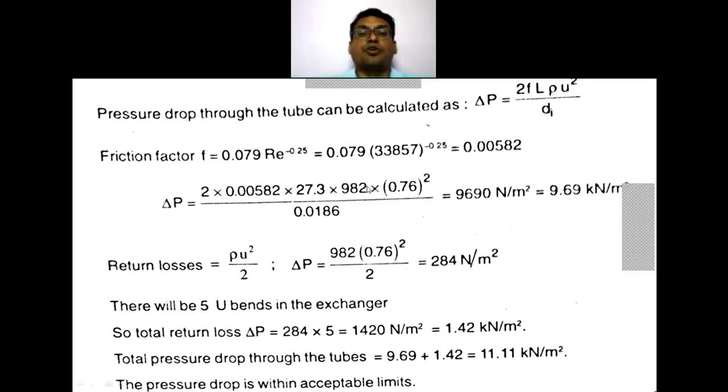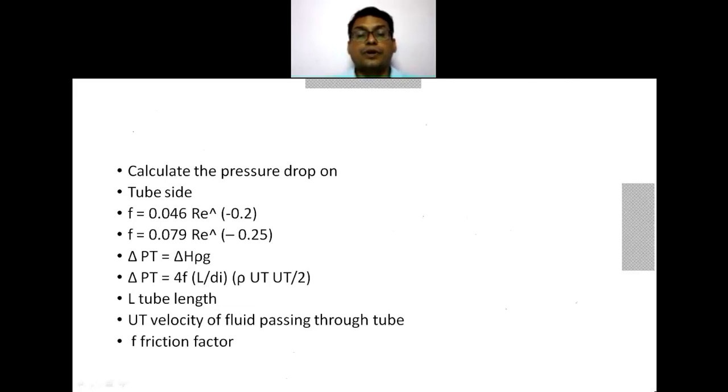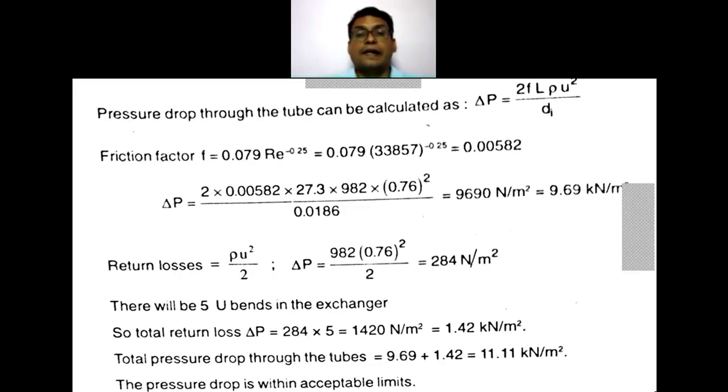So the pressure drop comes as 2F L rho u square upon D_i, and the friction factor is 0.079 into Re raised to 0.25. So the friction factor comes as 0.00582, and delta P comes as 9.69 kilonewton per meter square.